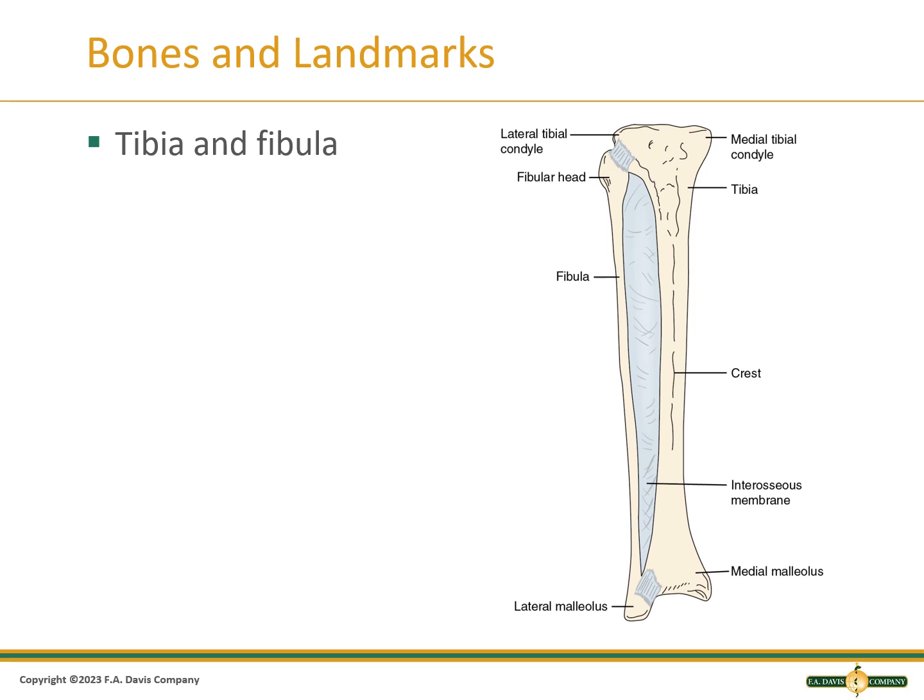Our tibia and fibula are the bones of our leg that make up the proximal portion of the ankle joint. We know our tibial plateau is where our femoral condyles rest. We've got our tibial tuberosity. Our tibial crest runs down the length of the tibia and serves as a point of muscle attachment.